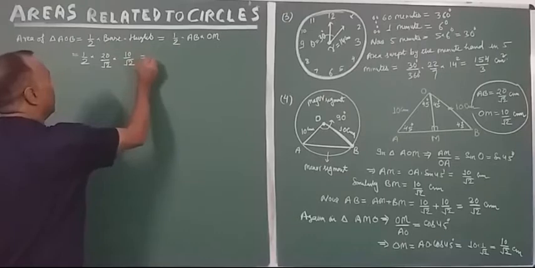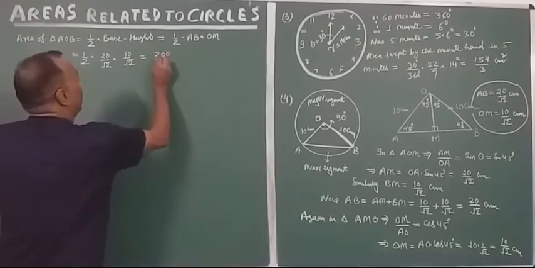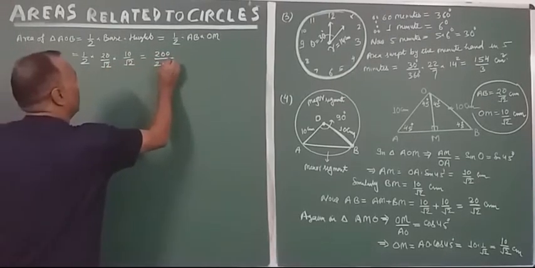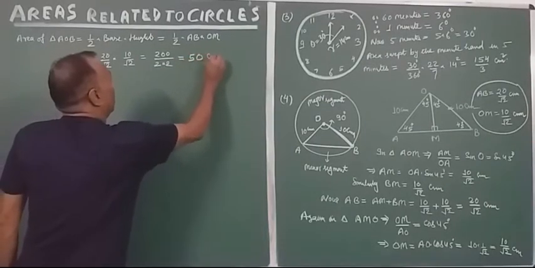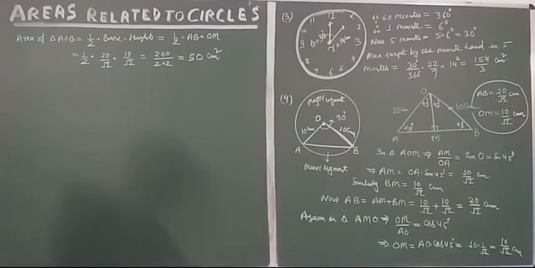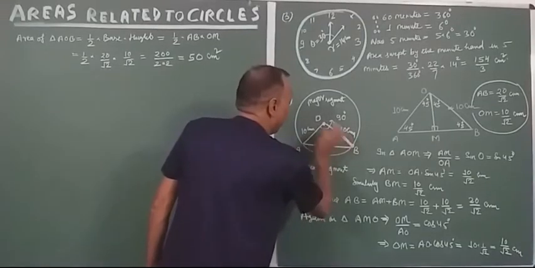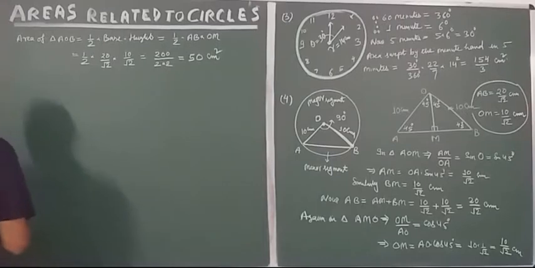Now calculate it. 10 times 10 is 100, and under root 2 into under root 2 is 2. 2 fours are 8, that is 50 centimeter square. 50 centimeter square is the area of this triangle. Now the question is this: find the area of the corresponding minor segment.